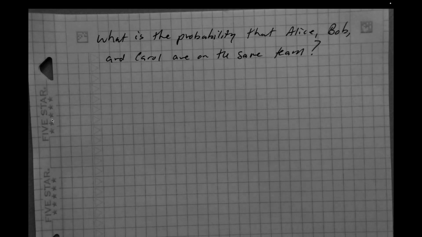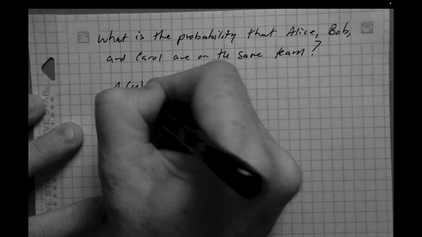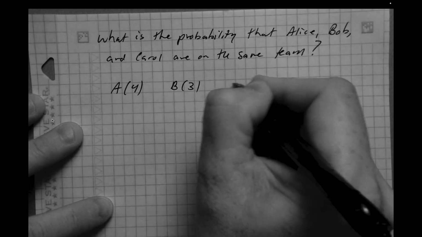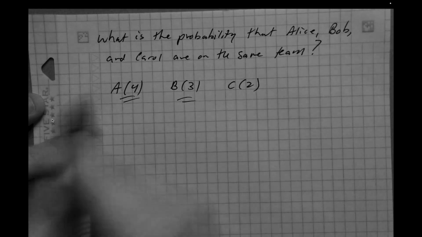Now we've got to think about this logically and break this apart. So they can only all fit together on team A or team B. Remember, A has 4 people, B has 3 people, C has 2 people. If they're all on the same team, they're going to have to be on team A or team B.